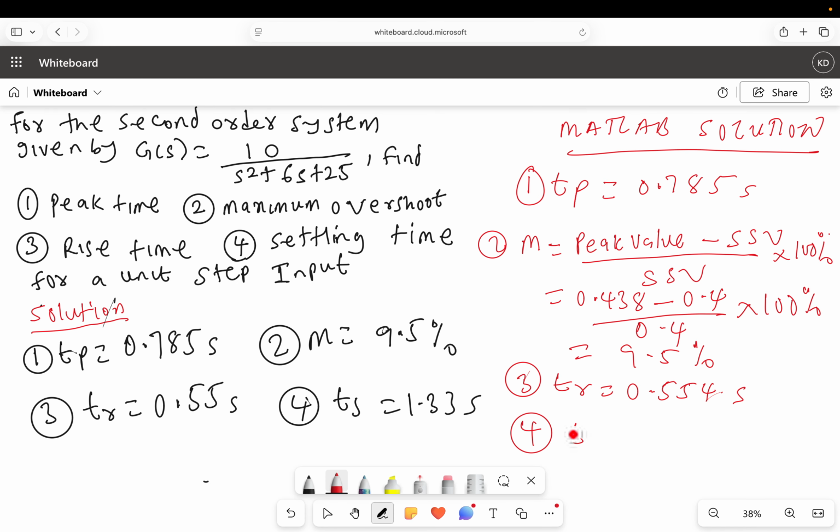So our settling time from the response is 1.33 seconds. So if you compare all the values from MATLAB with the values we obtained using the standard approximate formulas for the unit step response of an underdamped system, you can see that they are the same.